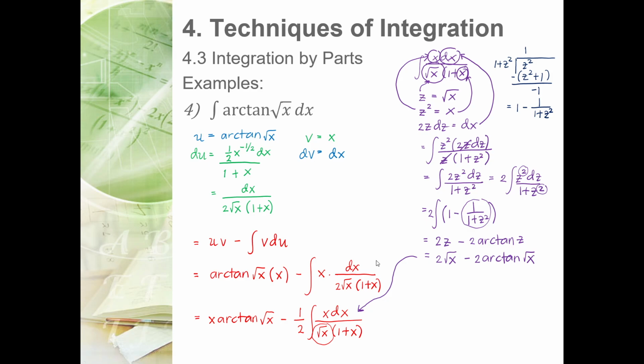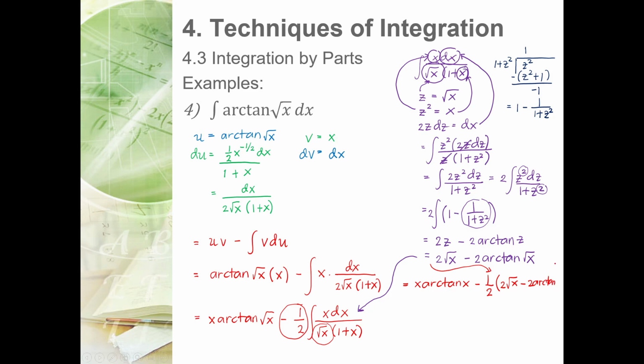Okay, so going back to the red ink, we have x arctangent x minus 1/2. Okay, minus 1/2 times the answer of this one, so times 2 square root of x minus 2 arctangent of square root of x.